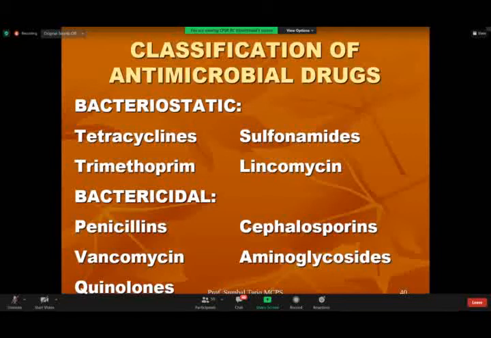Chronic infections में इसीलिए ये वाली drugs इतनी अच्छी नहीं हैं. Active multiplying bacteria को bacteriostatic drugs जो हैं वो treat करेंगी. But for the real treatment of any infection, we should use bactericidal drugs, जिसमें penicillins, cephalosporins, vancomycin, aminoglycosides, and quinolones are the most commonly available ones.